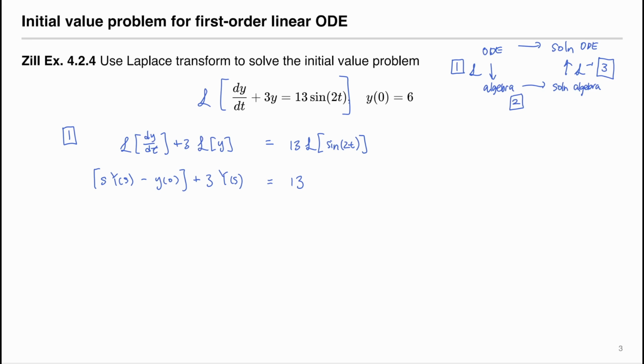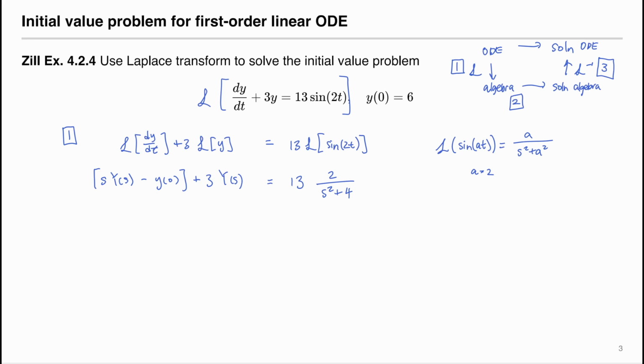And now we need the help of the table. The table gives us that the Laplace transform of sine of at is equal to a divided by s squared plus a squared. So in our case, a equals 2. So we have 2 divided by s squared plus 2 squared, which is 4.